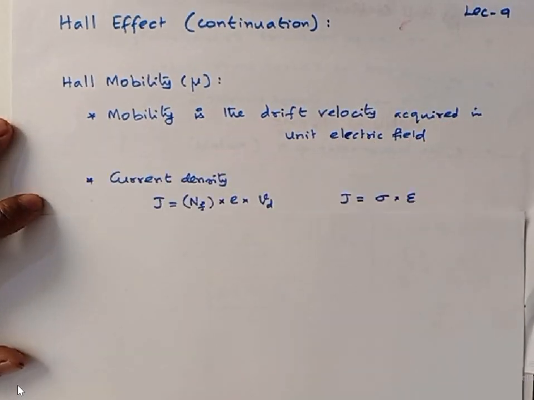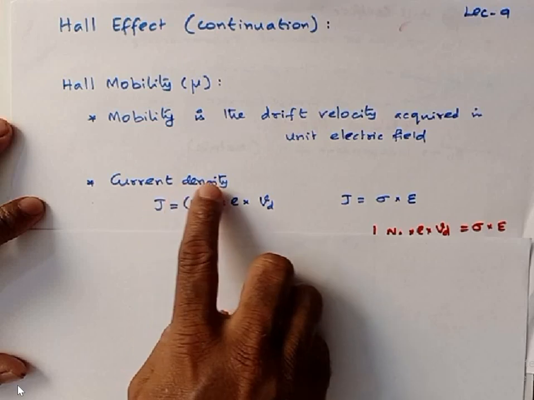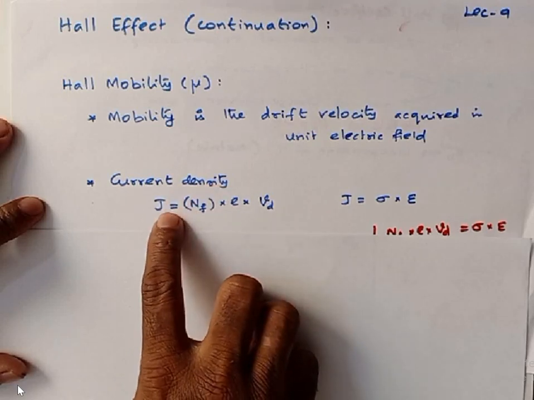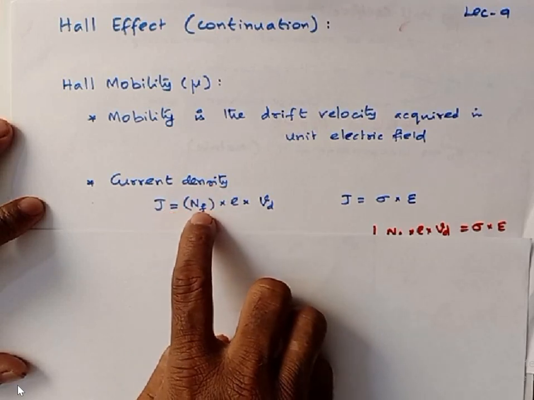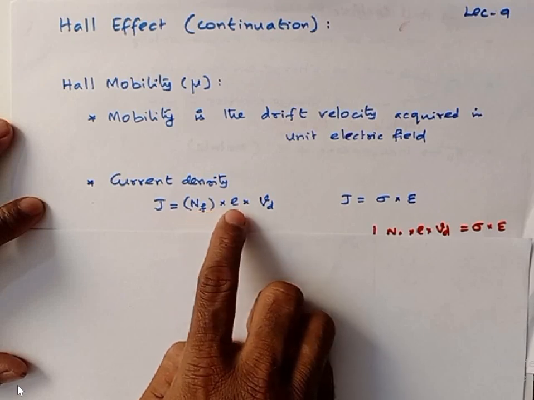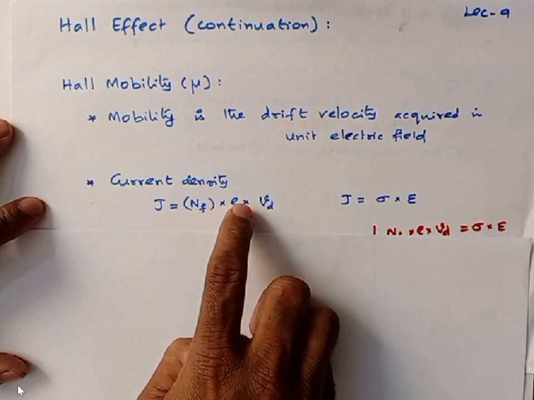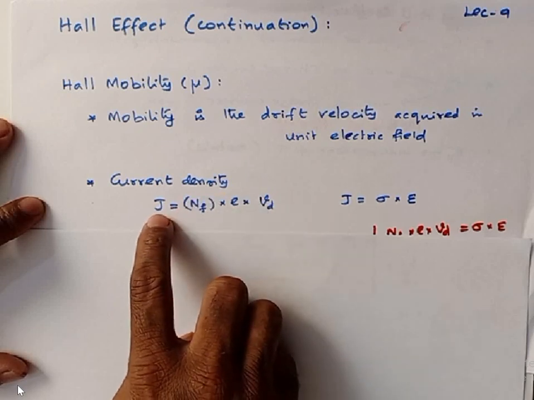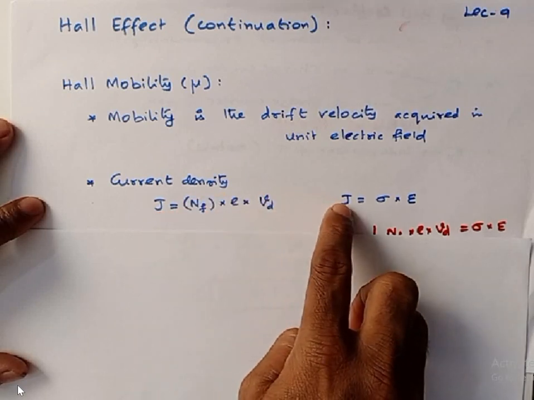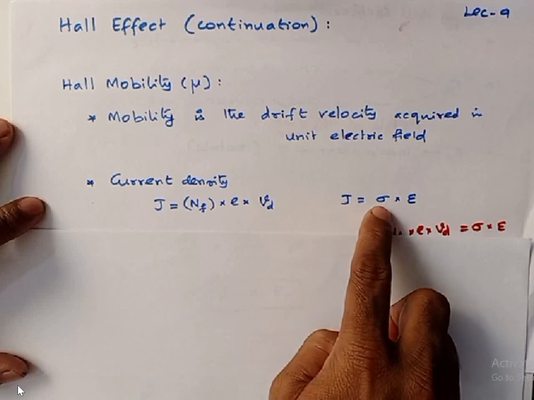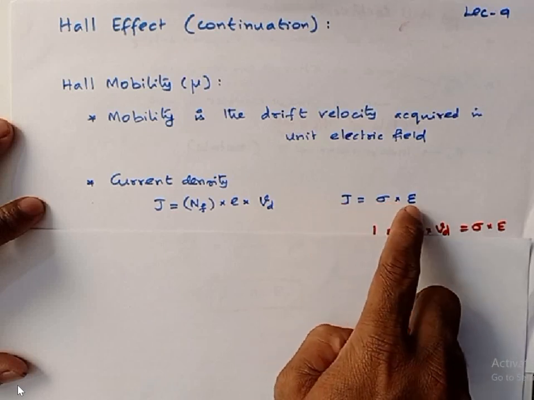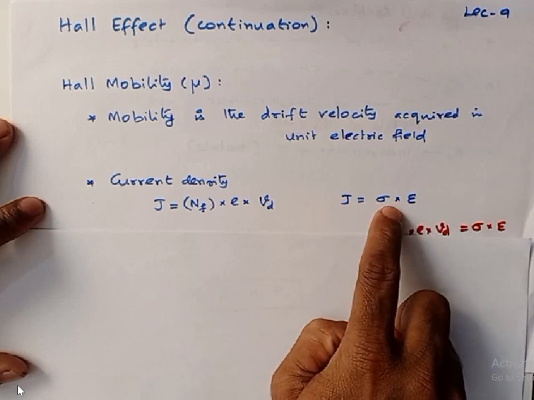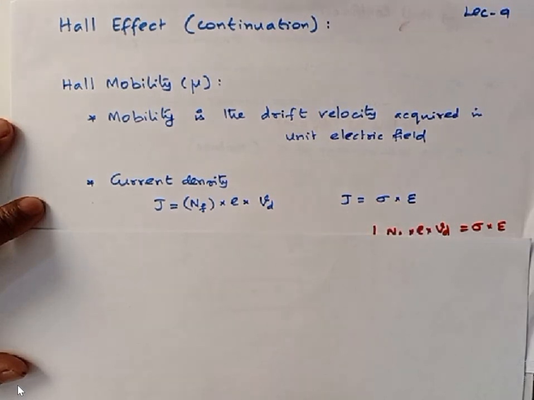So we know very well current density J is given by the formula number of charge carriers per unit volume into charge of the charge carrier into drift velocity. So this product will give you current density. We can also get current density using the formula conductivity into electric field. Conductivity into applied electric field will give J.